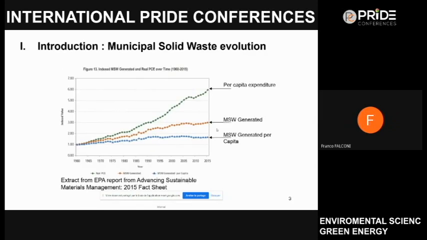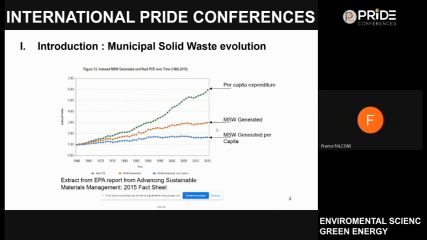So as we can see here, the quantity of municipal solid waste worldwide is increasing, given that we are consuming more and more objects, and so we are producing also more and more waste.